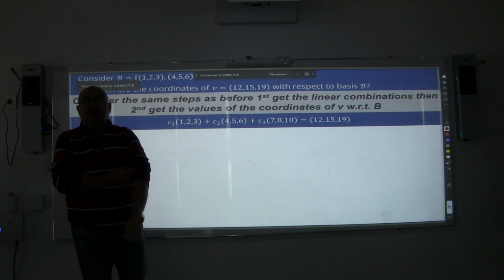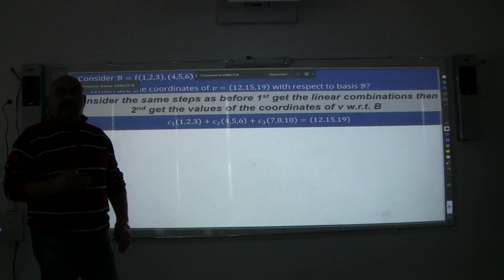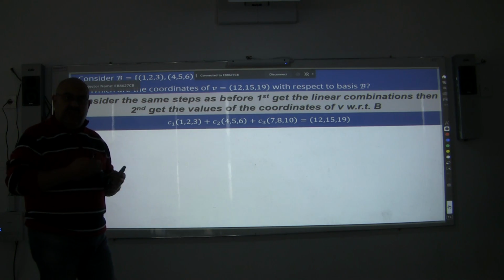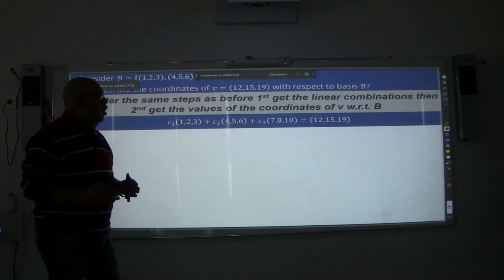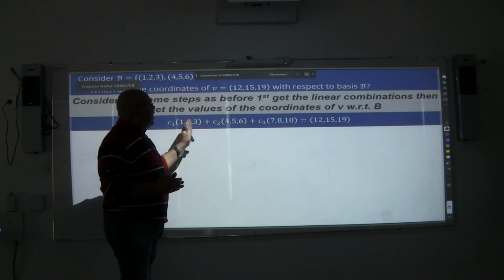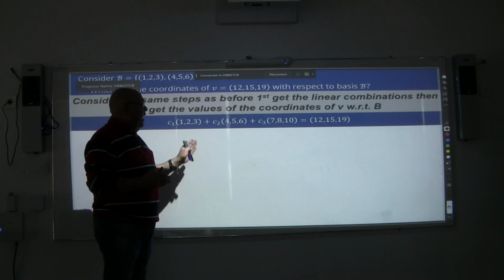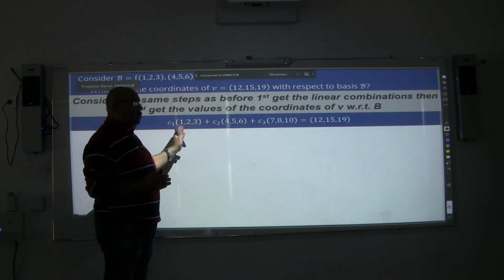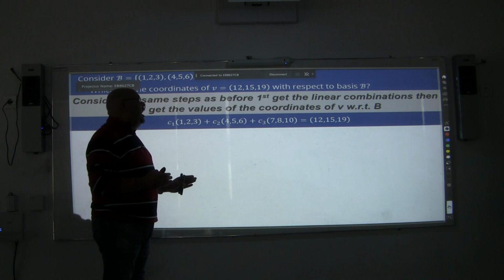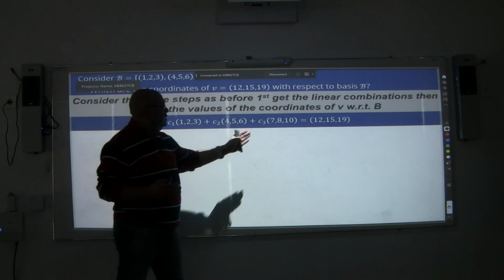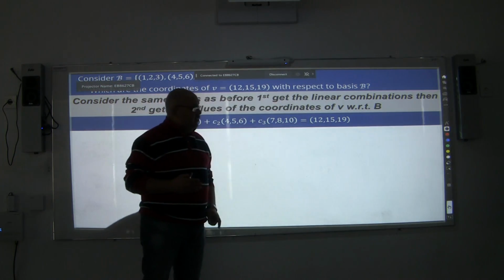Once more, I can do it by forming the system AX equal to B, where A is the matrix of the vectors, taking the vectors as columns, X stands for the coefficients C1, C2, C3, and B is 12, 15, and 19.